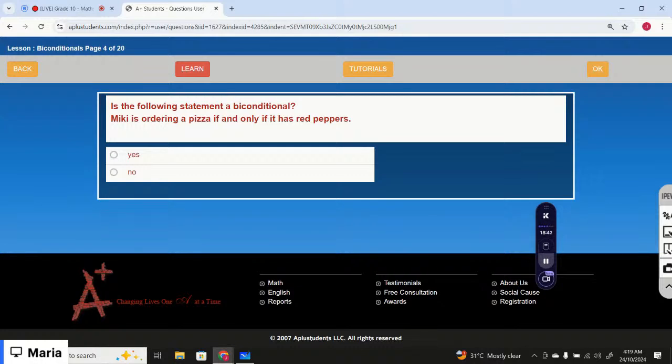So, which is the correct option? Yes, it is a biconditional, right? The correct option is yes.